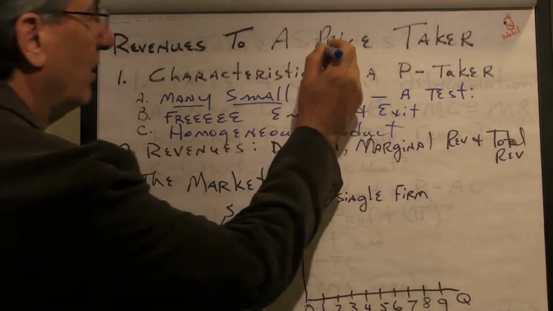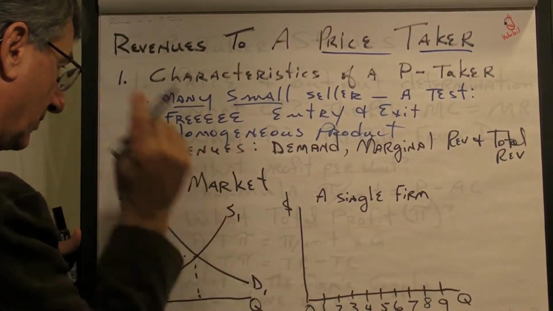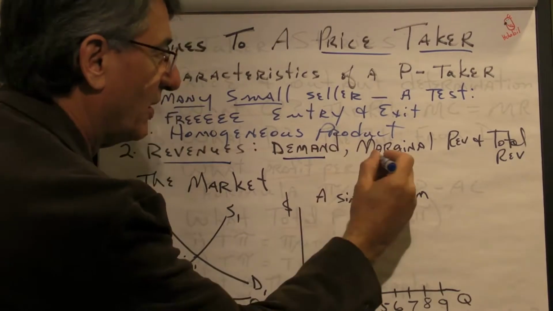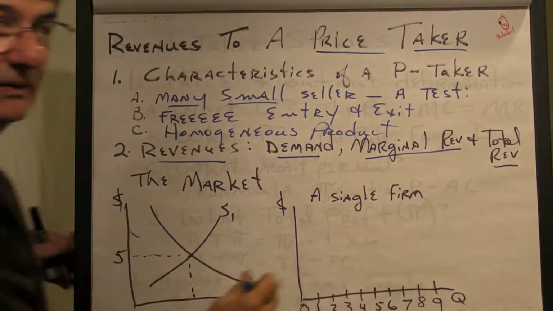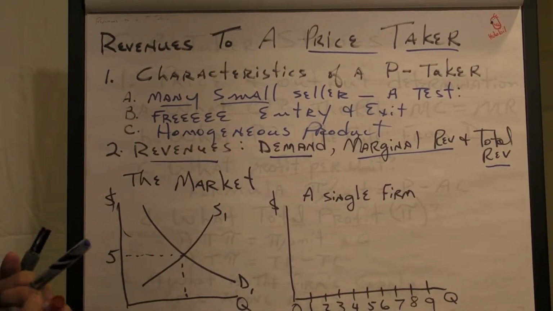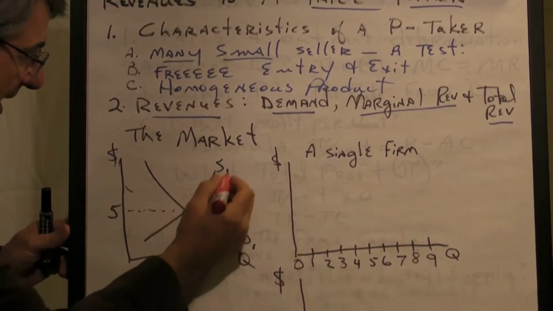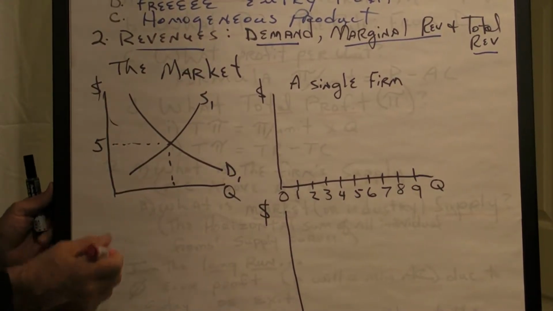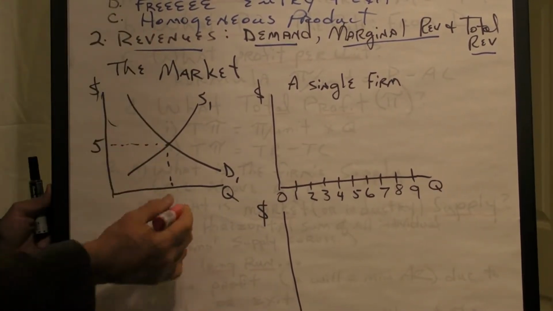Now, when we look at a price taker's demand and revenue curves, we're going to find out what the price taker's demand curve, marginal revenue, and total revenue curves are. It's fairly straightforward that once the price is established in the market, this is the supply and that's the demand for all buyers and all sellers of wheat, we'll say, in this market.